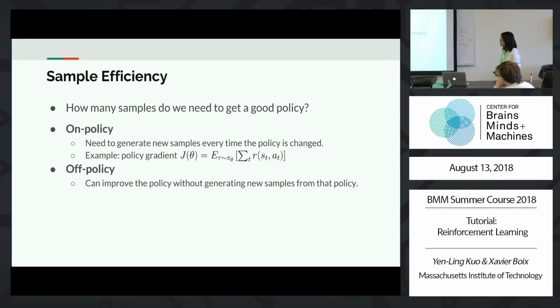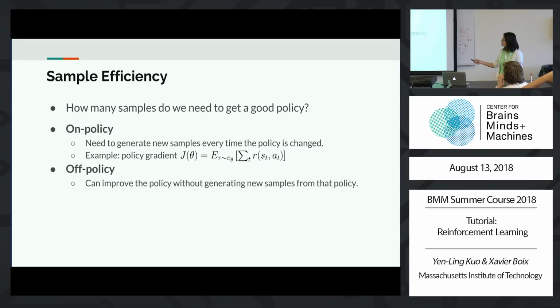So there are two different ideas in RL for different learners: one is the on-policy learner and another is the off-policy learner. On-policy is like when we look at the policy-based learner: whenever we change to a new policy, we need to generate new samples to evaluate if the policy is good or bad.